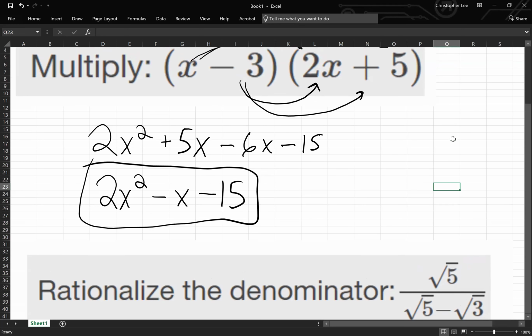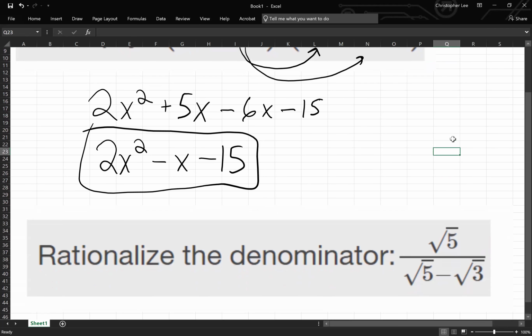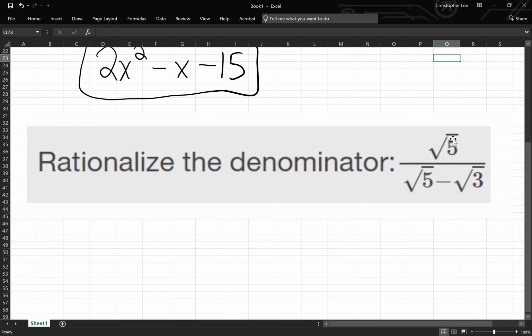In this question, I want to rationalize the denominator. Can somebody tell me what to do to rationalize the denominator? That's a big word for saying I want to get rid of the radicals in the denominator, the bottom of the fraction, because remember, I can't have radicals in my denominator. So how do I get rid of these radicals? What do I do? Go ahead.